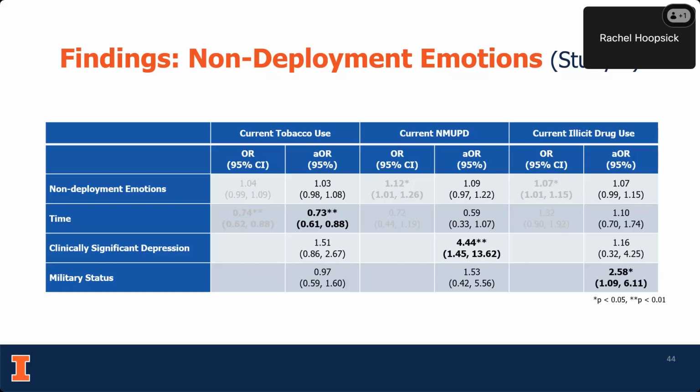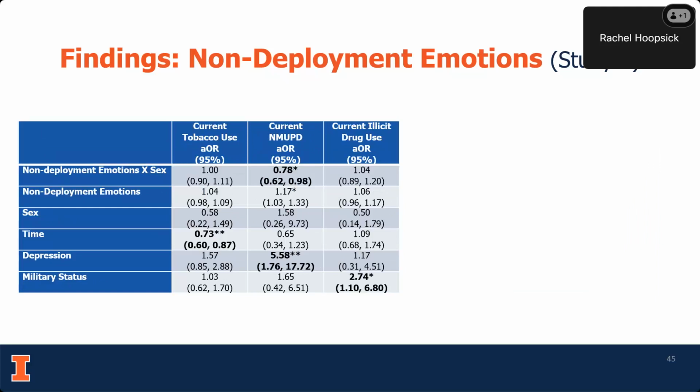However, given that our prior work had showed an interaction between non-deployment emotions and sex, there could be a similar interaction being obscured here by looking at male and female soldiers together. So when we added an interaction term for non-deployment emotions and sex to the final models, we see that there was a significant effect on current non-medical use of prescription drugs.